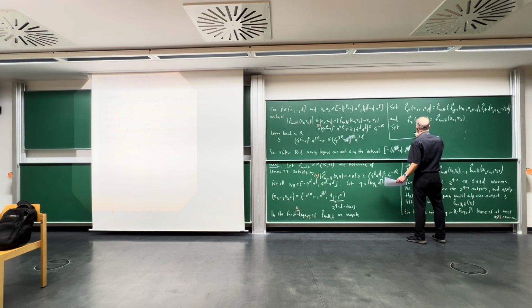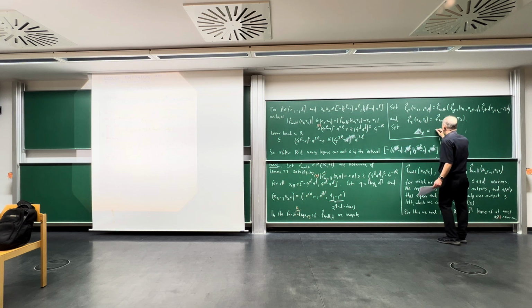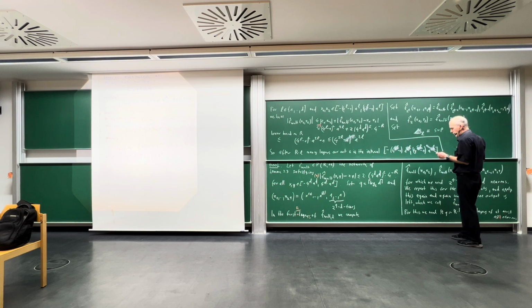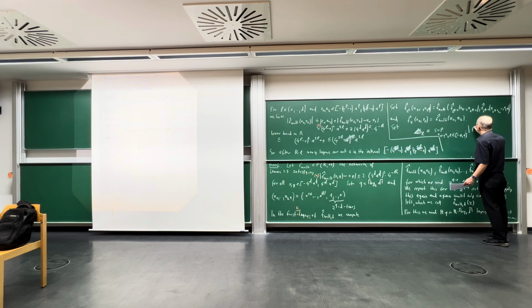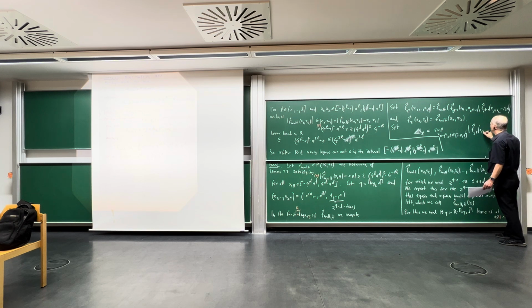I define delta_l to be the supremum over all z1 to z_(2^l) in the interval minus A to A of the absolute value of f hat 2^l of z1 to z_(2^l) minus its product.